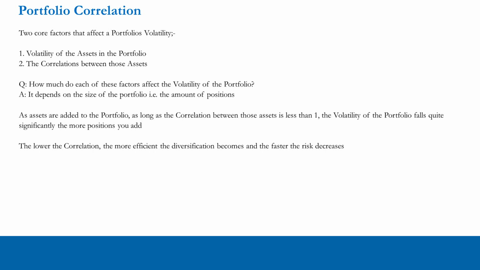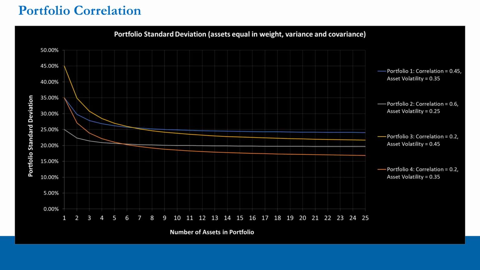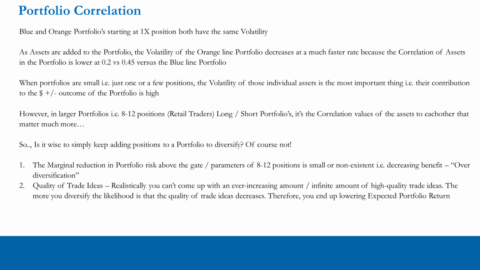And if you recall our visualization where we're comparing different portfolios with different correlations, if you recall the blue and the orange portfolios that Chris used as his example, we looked at the blue and orange portfolios starting at 1 position, and they both have the same volatility at the point of origin.